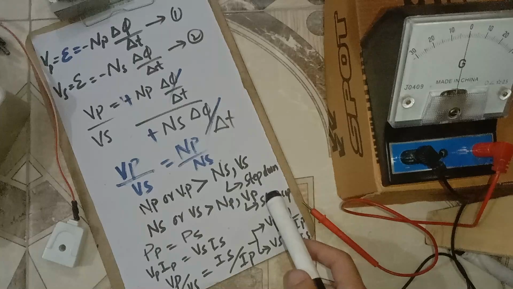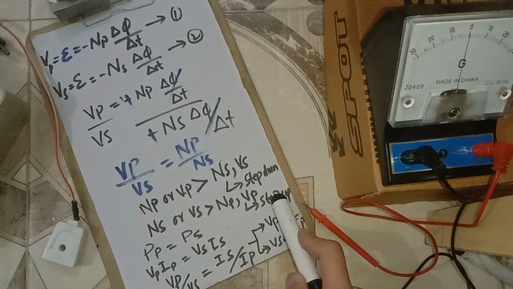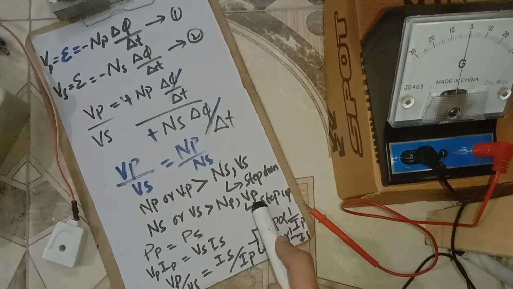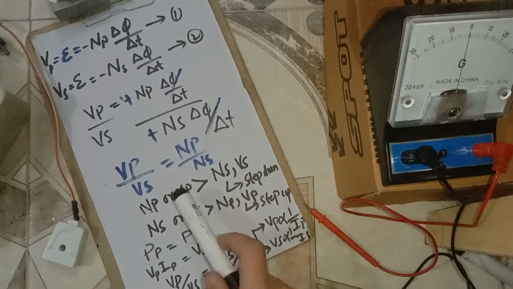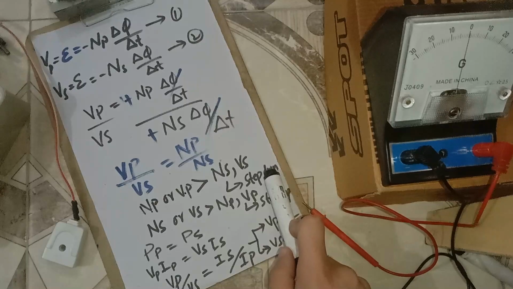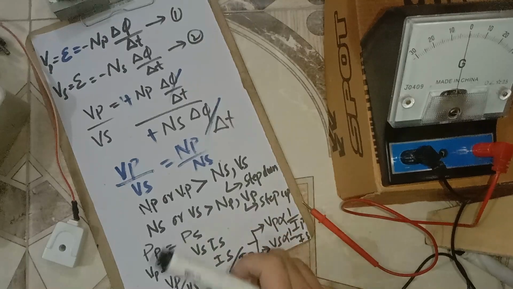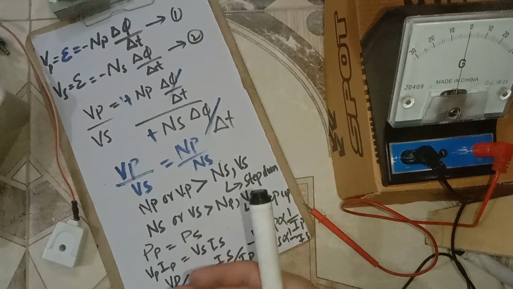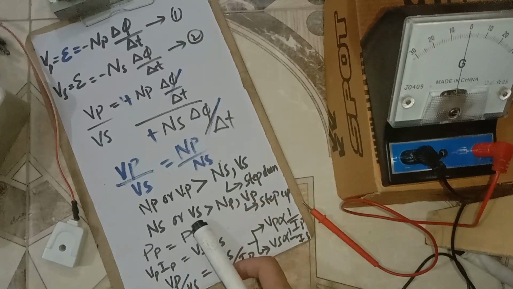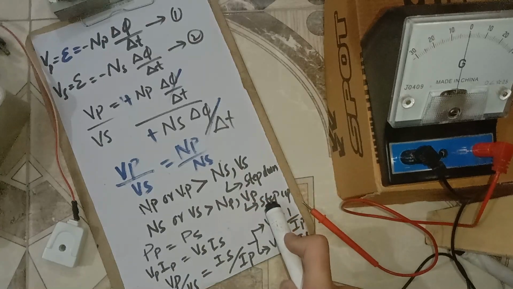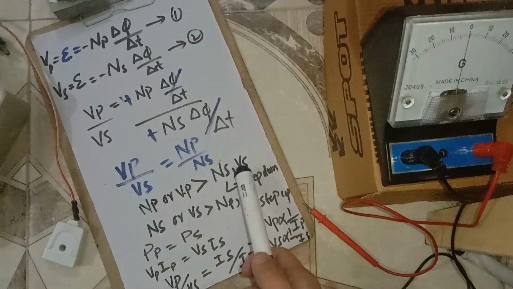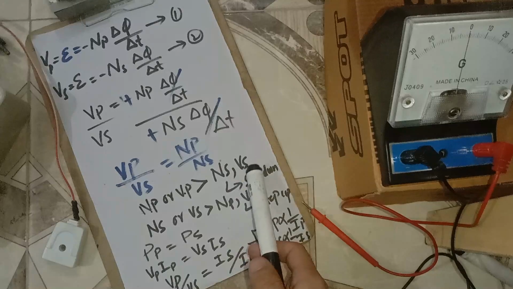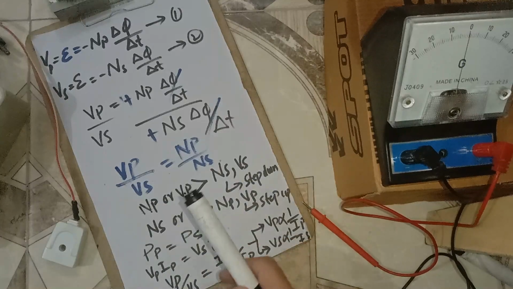So if we need the lower current, we will use the step up transformer, and if we need the higher current, then we will use the step down transformer. If we need the higher voltage, then we will use the step up transformer, and if we need the lower voltage from the higher voltage, we will use the step down transformer.